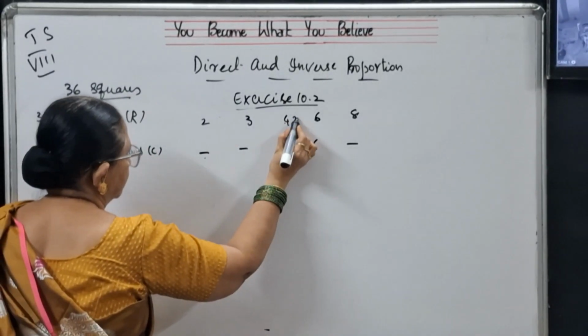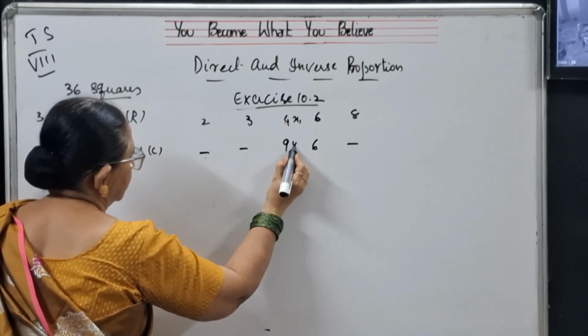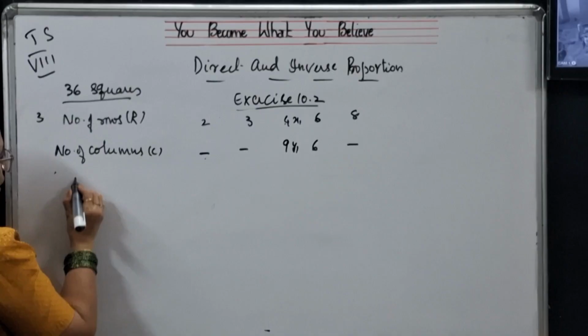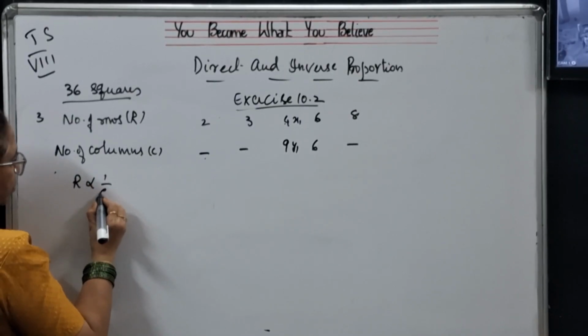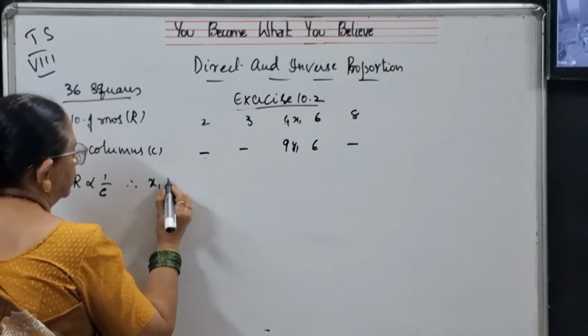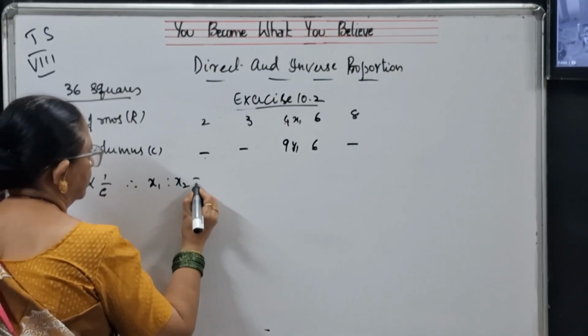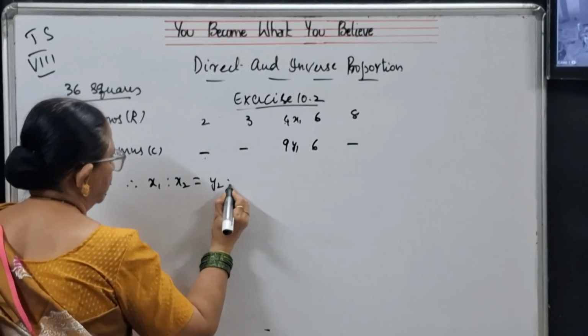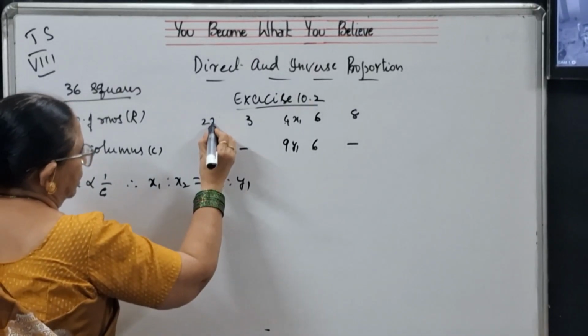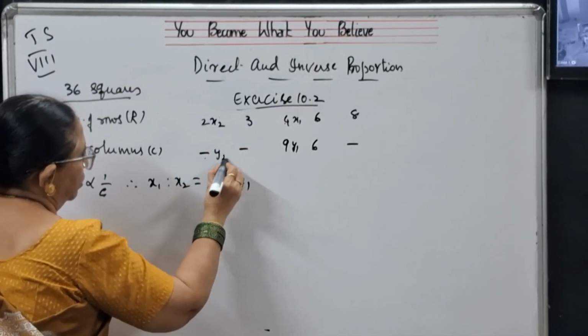So I'll take this as x1 and this as y1. We know that R is inversely proportional to C. Therefore, x1 is to x2 is equal to y2 is to y1. So this is x2, this is y2.